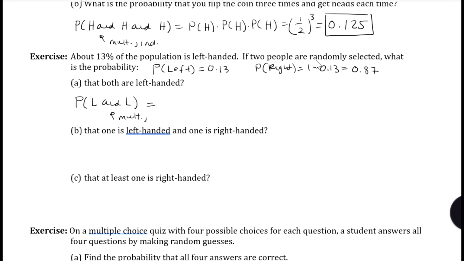Since we are randomly selecting the individuals from the population, it's not going to affect it. So we'll have independent events here. So probability of left times probability of left, 0.13 squared, which is 0.0169.